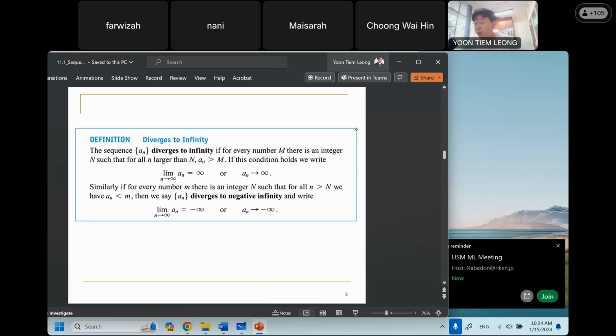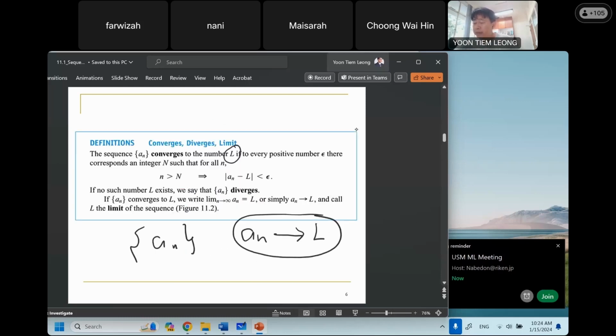So anyway, when we are given a sequence, you can always ask the question of whether the sequence diverges or converges. This is the definition of a sequence that converges.